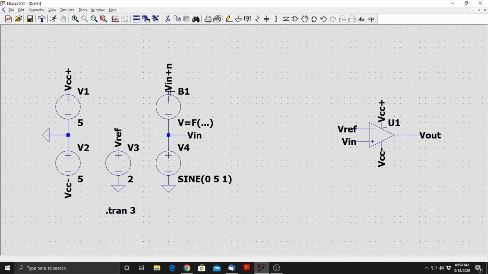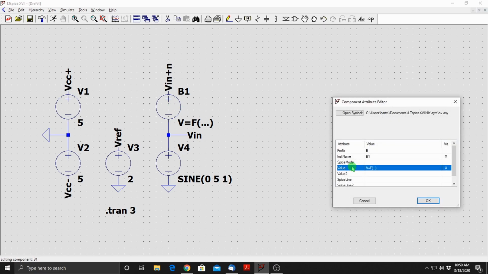And finally, I'm going to right click on the behavioral voltage source and edit this equation, where I'm going to write white so that I'll get white noise, and I'm going to do 2e6 multiplied by time. And so this is going to just create random values for the noise voltage that's going to be applied to my signal.